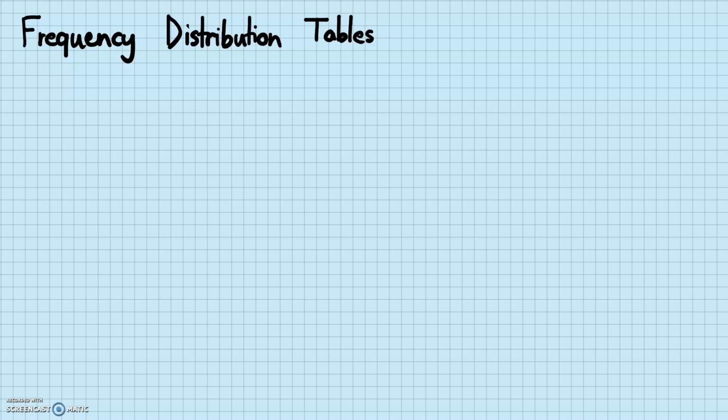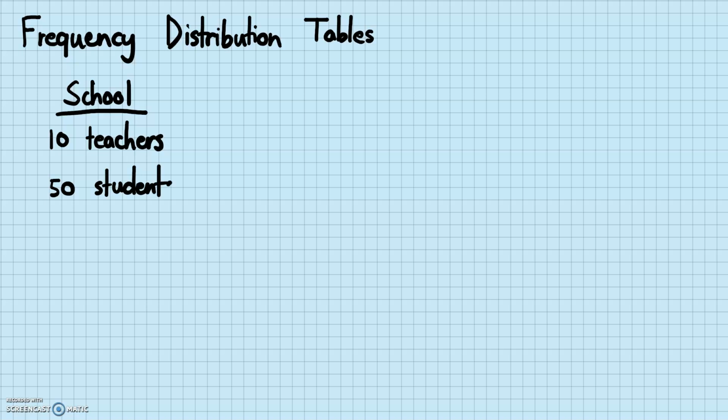Let's say that inside a school, we have 10 teachers and 50 students. A way to organize this into a frequency distribution table is like this.